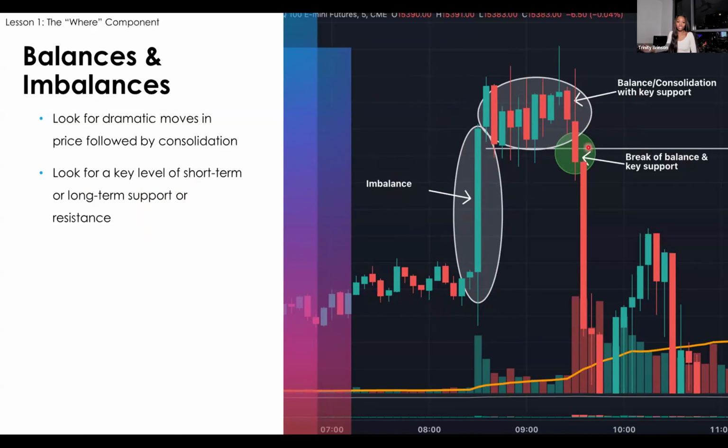And essentially what we're looking for is to get an entry at the break of the imbalance and to be able to fill the imbalance. Because what this imbalance is, it doesn't have a lot of trading activity within this area. So once we get past this area of high trading activity, which is that consolidation, once we can break out of that, filling the imbalance shouldn't be too difficult. And so that's really what we're looking for when we're looking for these balances and imbalances.